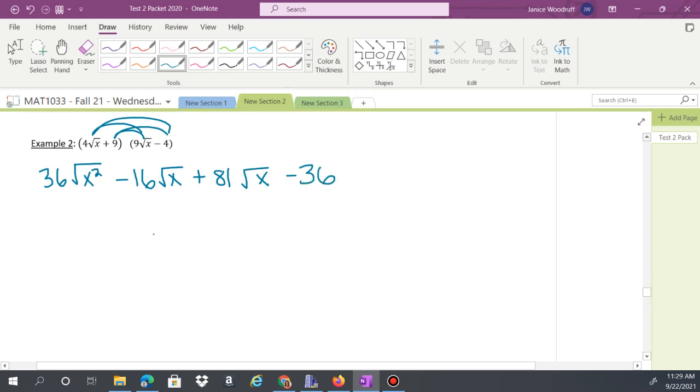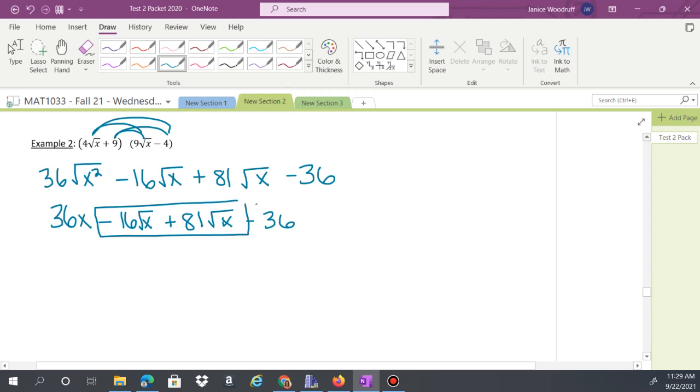Okay, so what here can we simplify? X squared. Square root of x squared is just x. So this is going to be 36x, but then that's it. Any like terms that I can combine? Yeah.